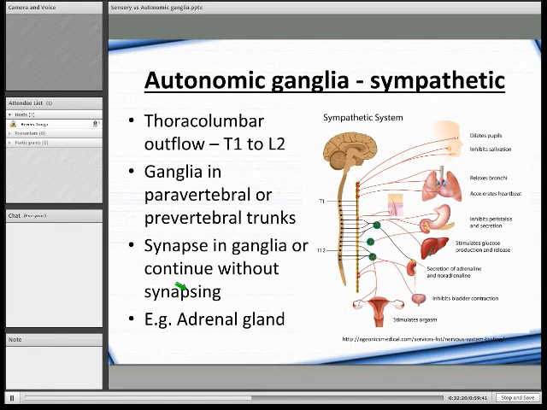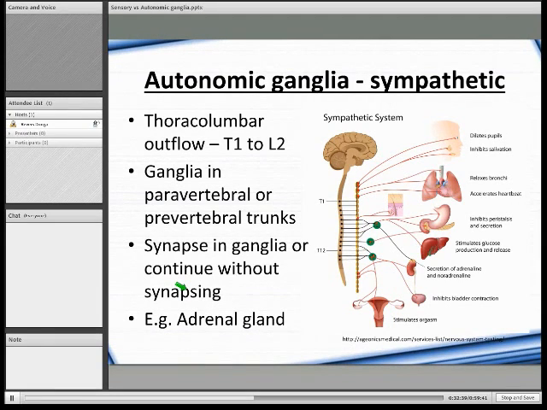Now, the sympathetic branch of the autonomic nervous system has thoracolumbar outflow, and it originates from the T1 to the L2 region. The fibers that go from the central nervous system to the ganglion are known as the preganglionic, and those which go from the ganglion to the effector organs are known as the postganglionic fibers.